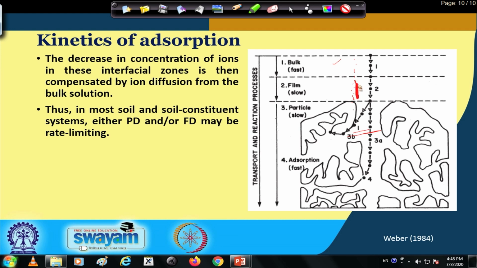Diffusion through the film may be the rate limiting factor. So, we are seeing that diffusion between the particles as well as diffusion through the film are the rate limiting steps in the kinetics of cation or ion exchange.